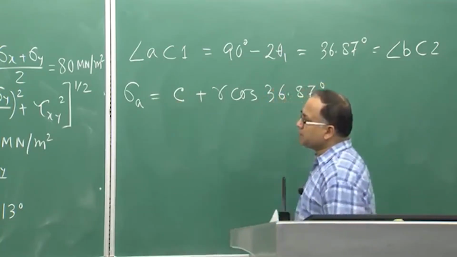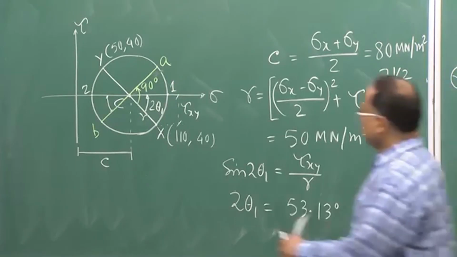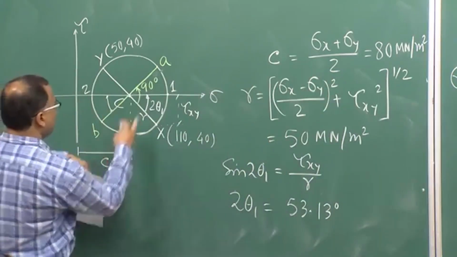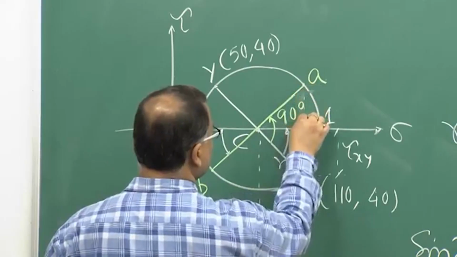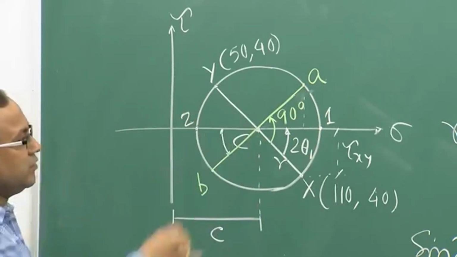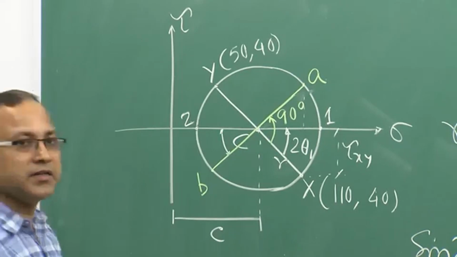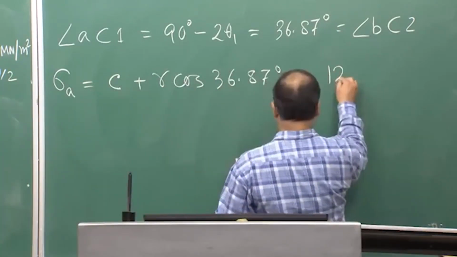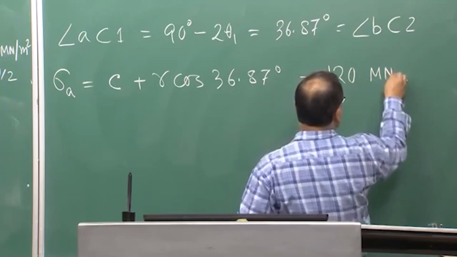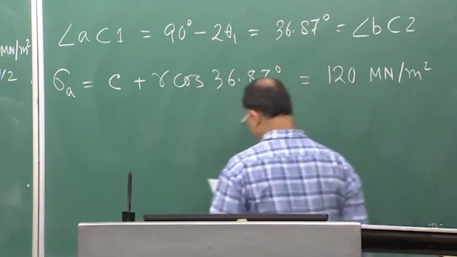Just look at the figure, sigma A is C plus this much, from C to this point, that will be obtained as R cos 36.87 degree. So, if you put the values, it will be coming 120 meganewton per meter square.